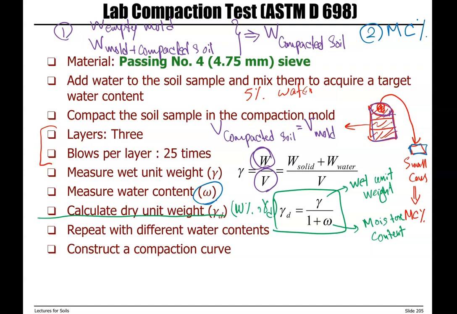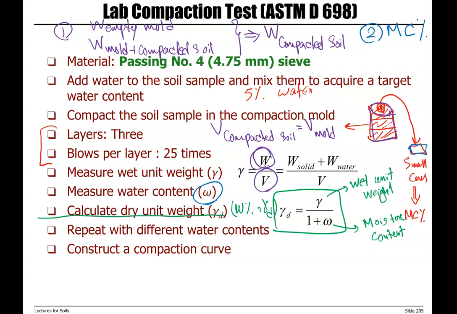So basically, we know that, for example, with 5% moisture content, what would be our dry unit weight? Then we put everything back in our tray, add another 5 to 10% moisture content to our soil. So now we can be anywhere between 10 to 15% moisture content, and we repeat the test.